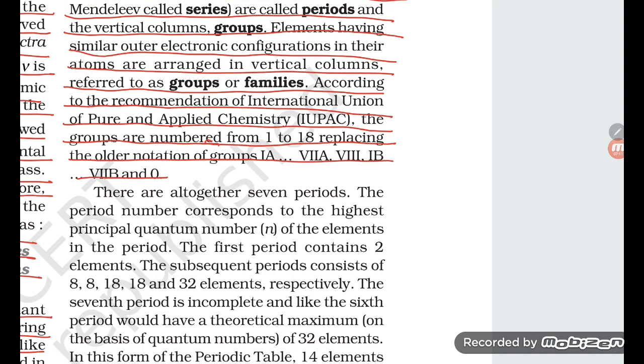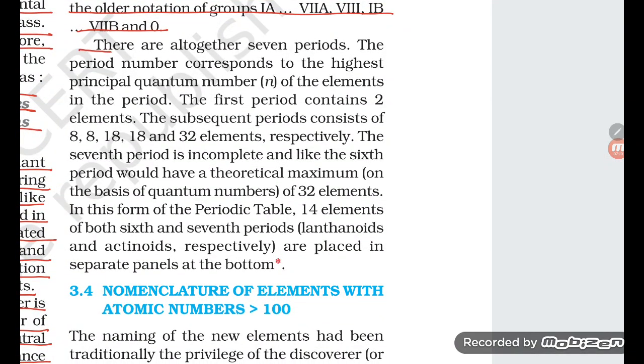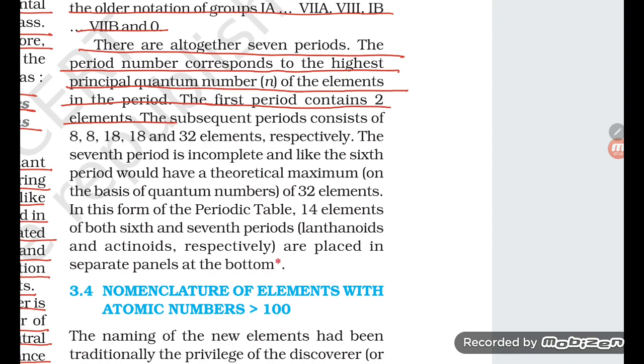There are altogether 7 periods. The period number corresponds to the highest principal quantum number of the elements in the period. The first period contains 2 elements. The subsequent periods consist of 8, 8, 18, 18 and 32 elements respectively.